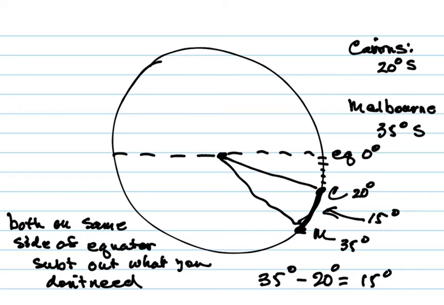And once I know the number of degrees, I just use it with my multiplier. So it's 15 times 111.2 kilometers. Someone please? 1,668. No decimal? Okay.